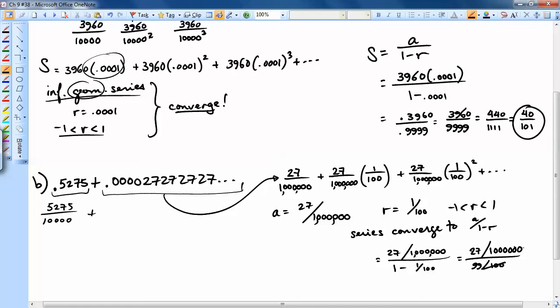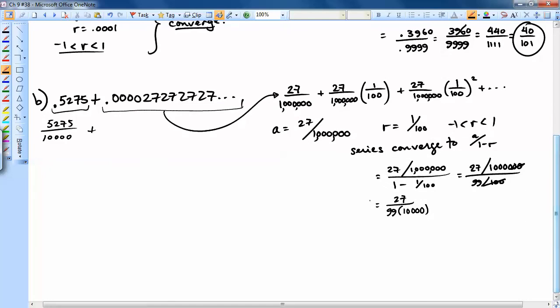So let's see, this 100 will cancel out 2 of those zeros. So now I've got 27 over 10,000 over 99, which turns into 27 over 99 times 10,000. Oh my gosh, this is so nasty. So let's see, those are both divisible by 9, so that would turn into 3 over 11 times 10,000.